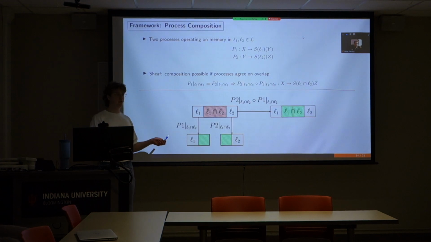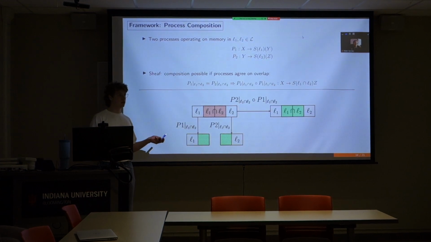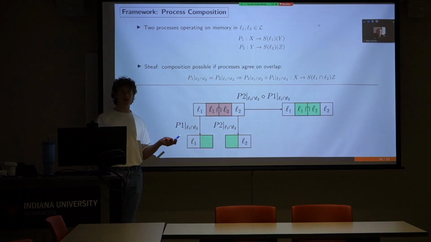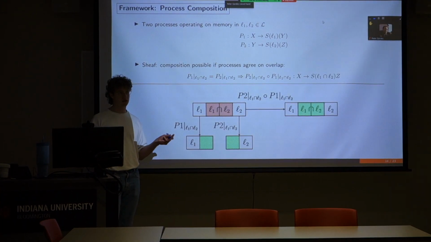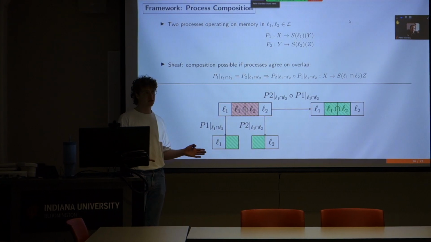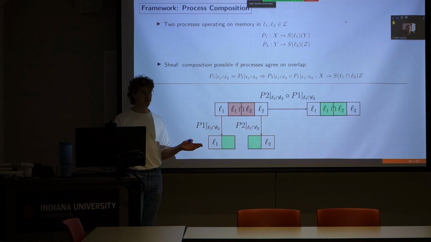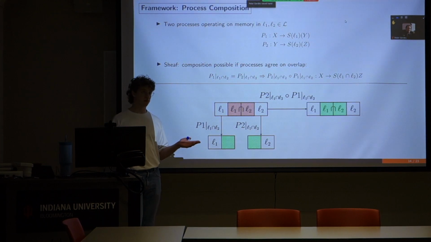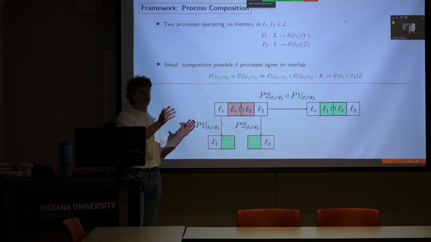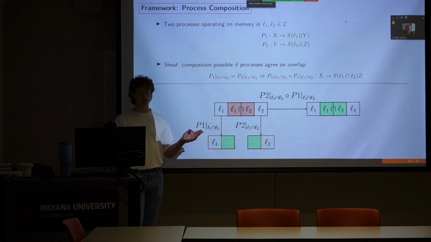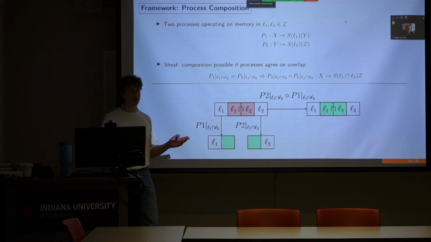Now we have a way of combining programmatic effects with each other. These are programmatic effects because of how the map S is defined, because S is a local state monad. But if we use a different monad, for instance a distribution monad, then we could extend this framework to different kinds of separation logic, maybe a separation logic that deals with probabilistic programming.